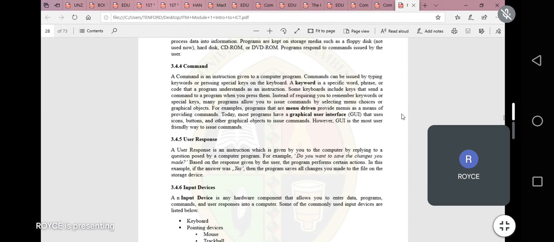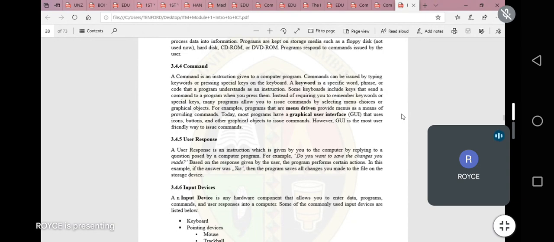For example, programs that are menu driven provide menus as a means of providing commands. Today, most programs have a graphical user interface that uses icons, buttons, and other graphical objects to issue commands.